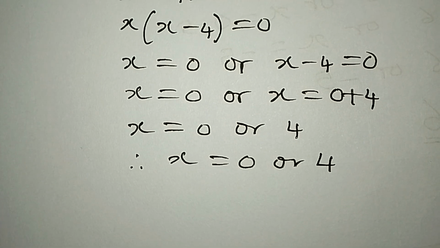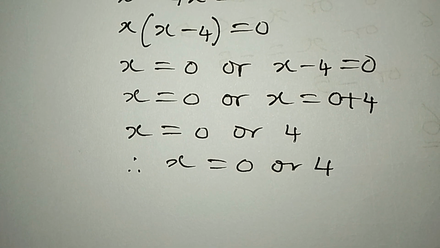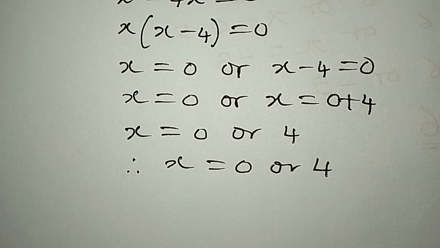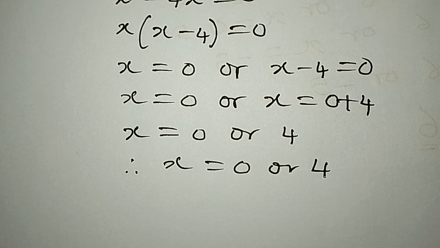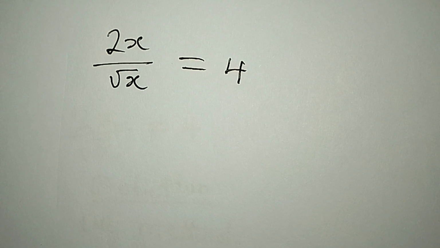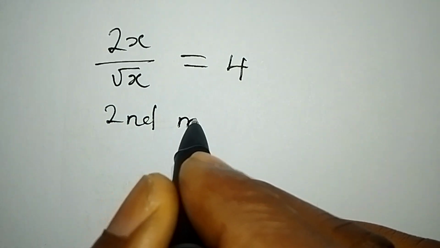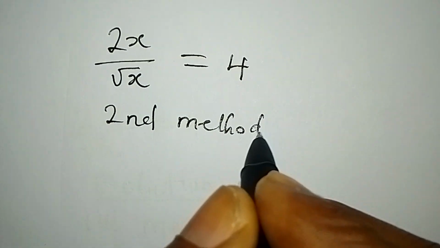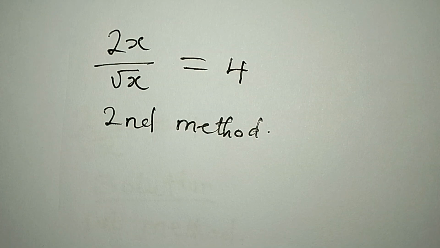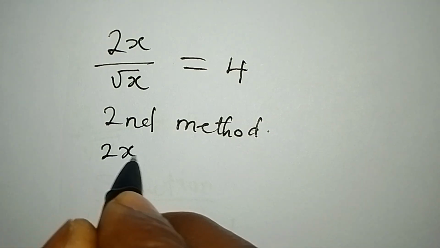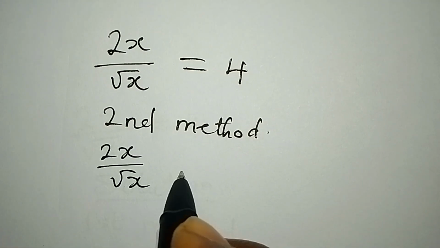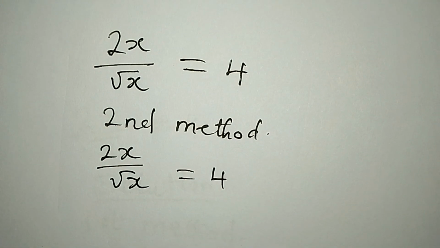Now let's apply the second method to this and see if we're going to have the same value. Okay, so for the second method, we have 2x over square root of x equals 4, right?